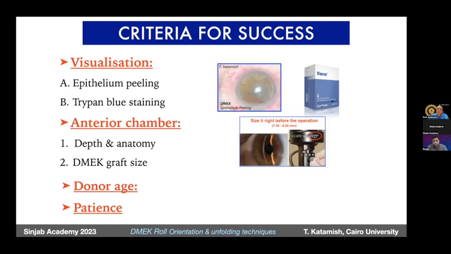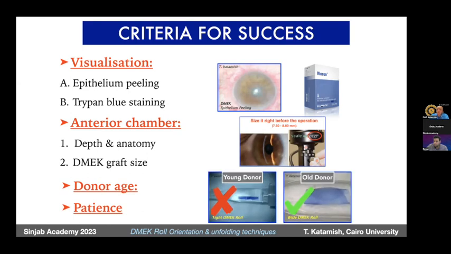A second important point is that you should make the proper sizing of the DMEK graft. If you are using a large DMEK graft in a small eye, it will be very difficult to unfold in this very tight space. So the proper matching of the DMEK graft size to the patient's eye is very important. As I have mentioned, choose older donors. As you see, older donor grafts are wide and can unfold easily.